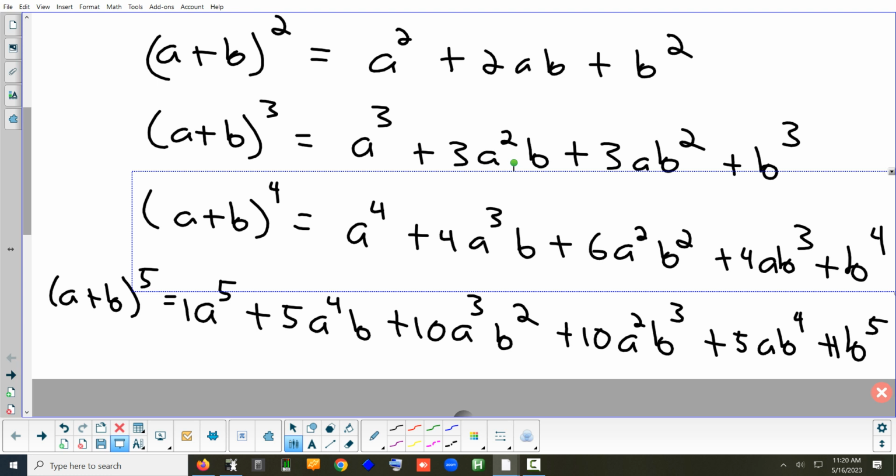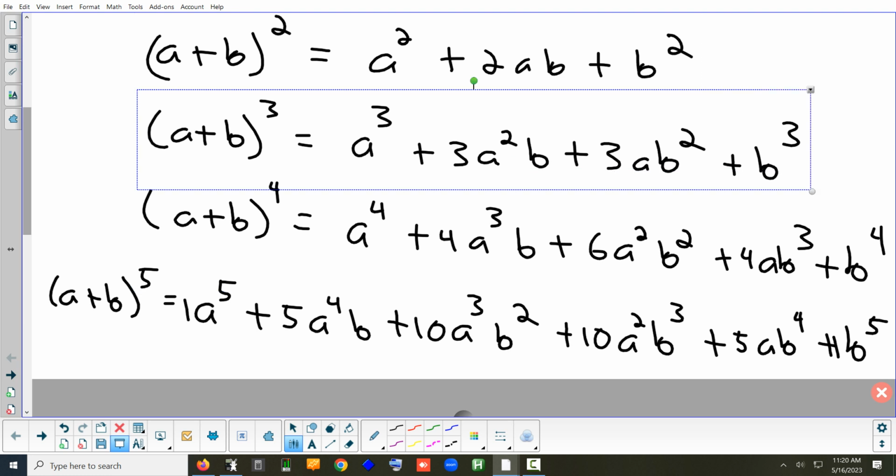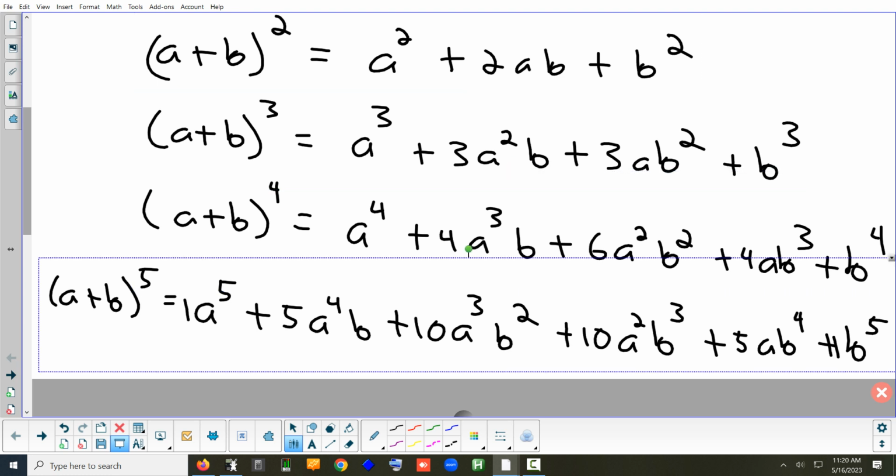So in a plus b cubed it is 3ab squared. Which one are you looking at? 2ab, 3ab squared, 4ab cubed. Okay, so you're looking at these terms. And what was the pattern you noticed in those?